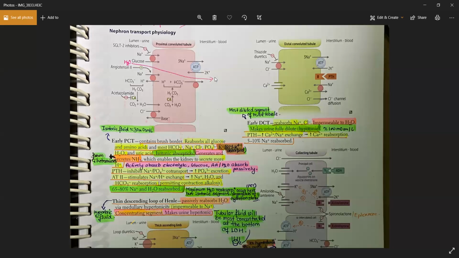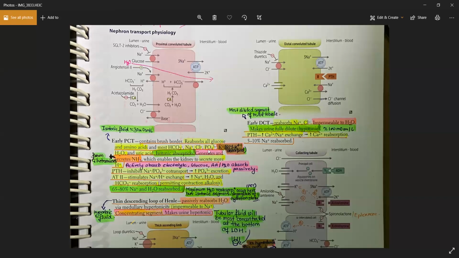While in the later portion of these tubules, you need transporters like the aquaporins to absorb the water, because those tubules have no permeability for water. But the PCT has a very high permeability for water.